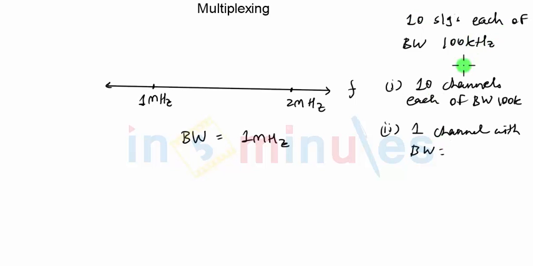So instead of having 10 channels each of bandwidth 100k individually, I can also have one channel with bandwidth of total, let's say, 1 megahertz. Even if I have one channel with bandwidth of 1 megahertz, I can transmit 10 signals each of bandwidth 100 kilohertz. Let's see how this can be done with the help of multiplexing. And to be precise, we will now talk about the very first type of multiplexing, which is called frequency division multiplexing (FDM).